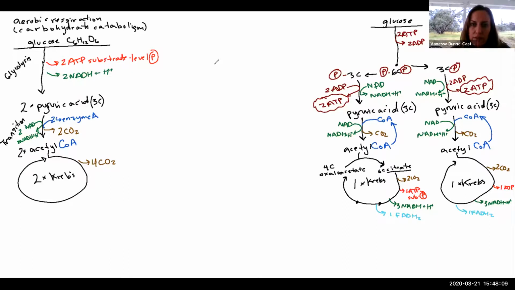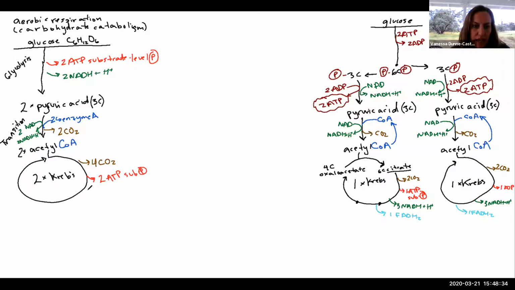We have ATP. Sorry, 2 ATP, 1 for each turn of the Krebs cycle. So we have 2 ATP through substrate level phosphorylation. And then let's draw our reduced electron carriers.